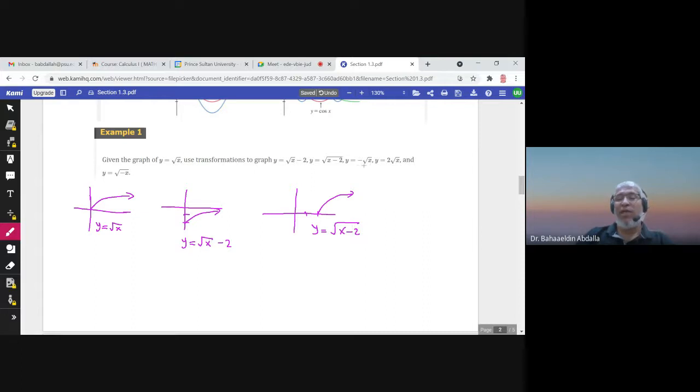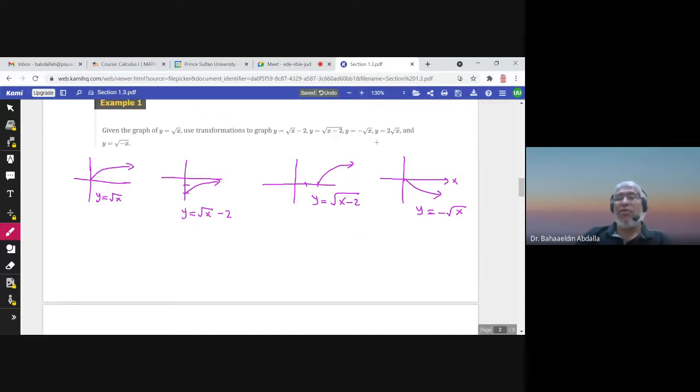What about negative square root of x? Negative would be a reflection. Reflection about what? About the x-axis. So this is the x-axis. The graph is like this. You reflect the graph about the x-axis. So this is the graph of y equals negative square root of x.